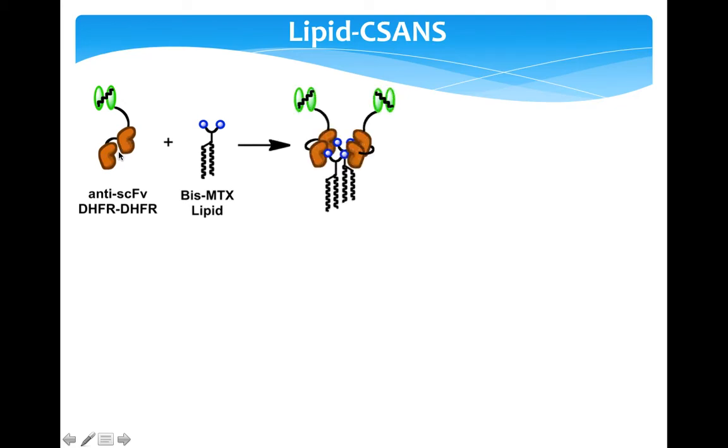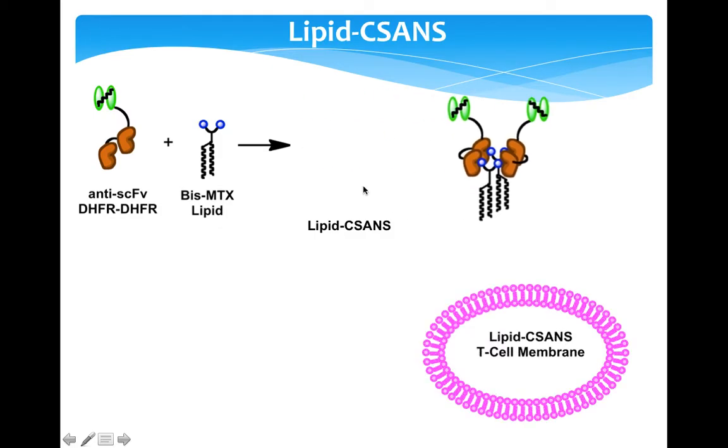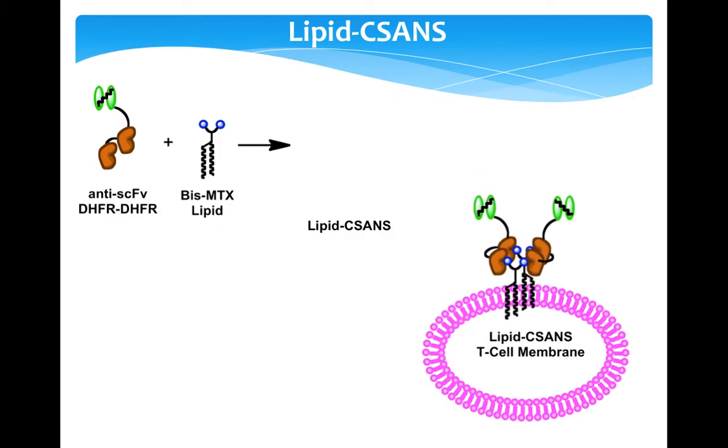When we put those together, they form rings that have phospholipids on them, and those phospholipids enable that nanoring to then insert into the lipid membrane of the T cell, which means that the T cell is now functionalized. We've artificially functionalized it so that it will target what we want. And in our case, we'd like to target cancer cells through their specific antigens.